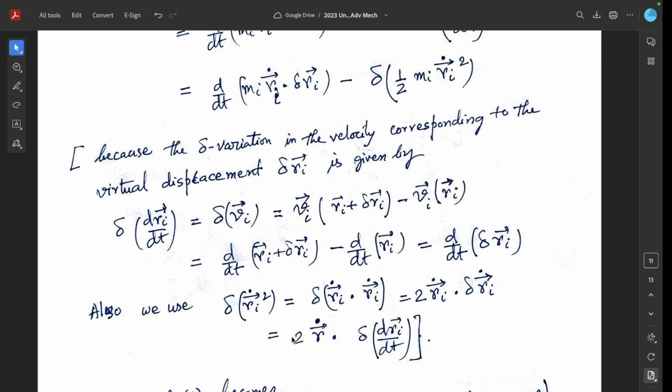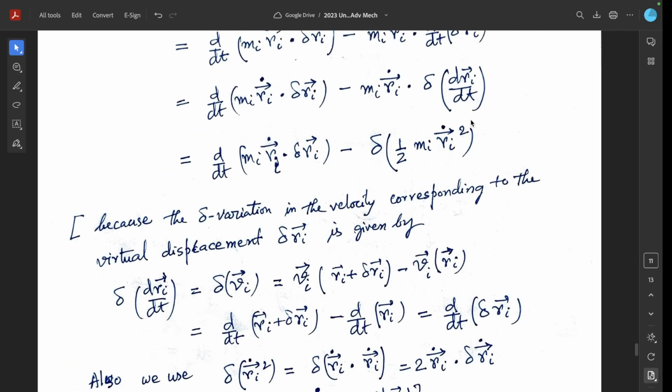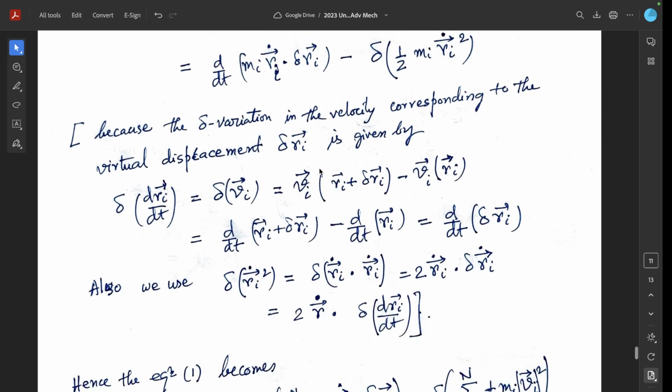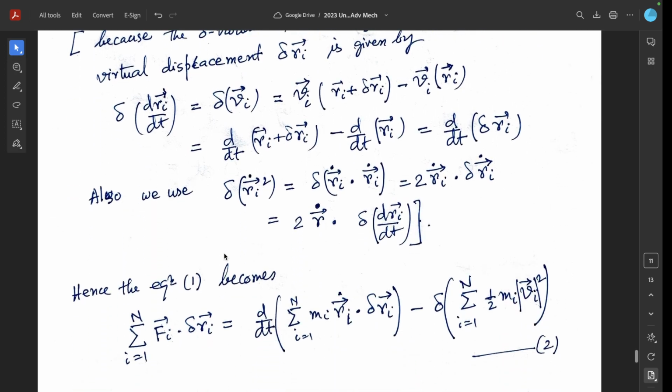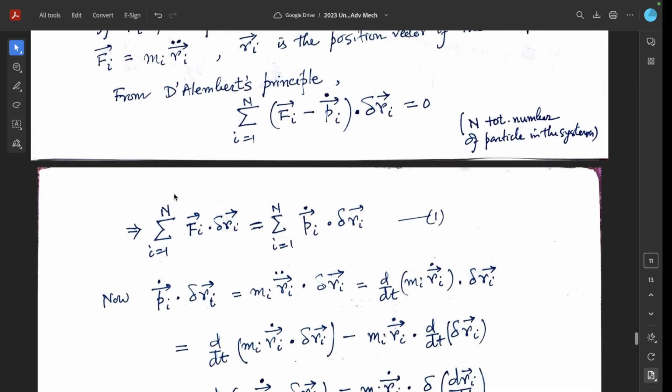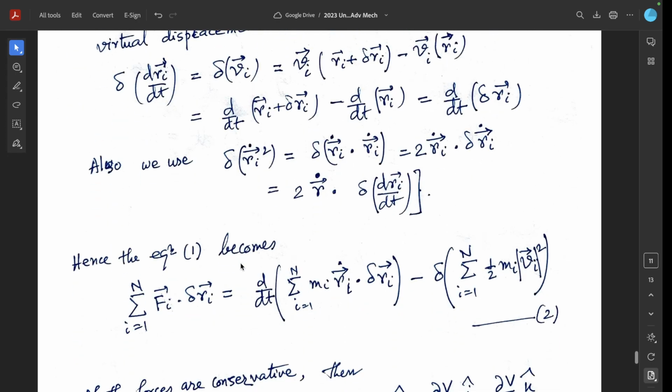So 2 into ri dot dot delta d/dt of ri vector. So we get this expression. Hence equation 1 becomes, putting these values of pi dot and delta ri dot in 1, we get the expression: summation of i equal to 1 to n of Fi vector dot delta ri is equal to d/dt of this plus delta into this.